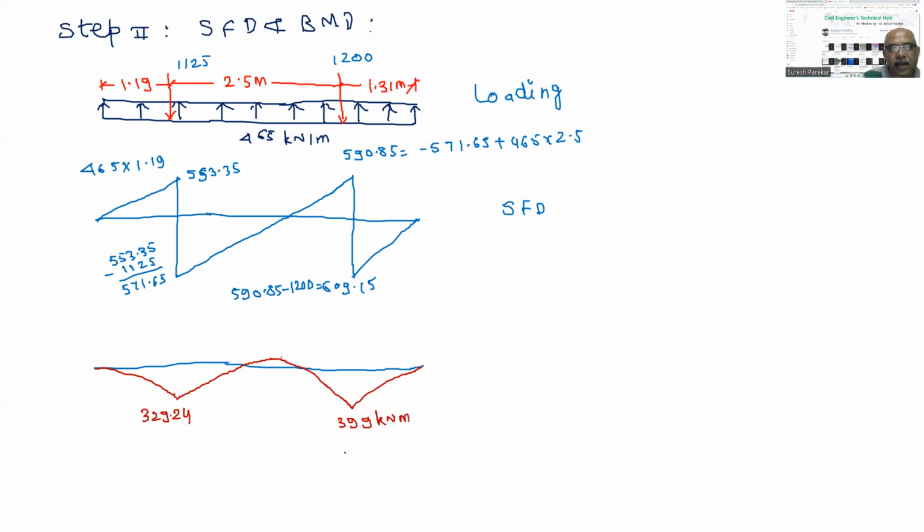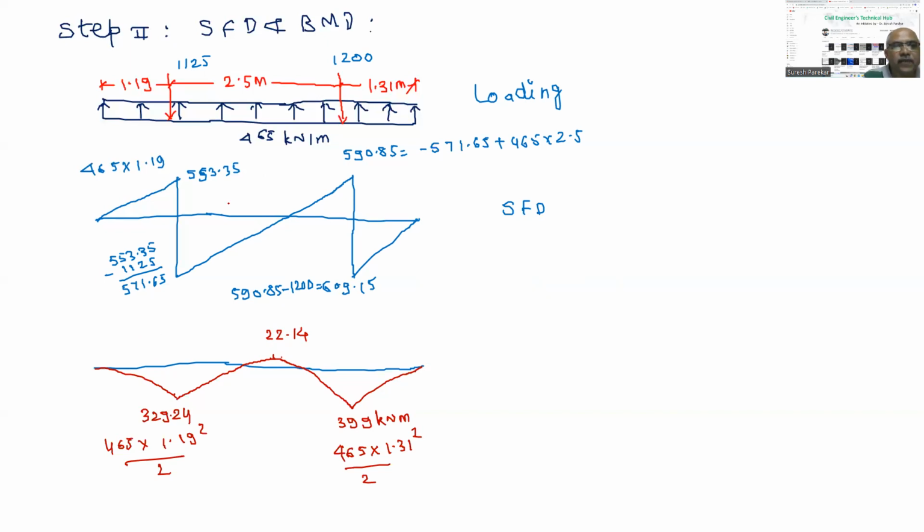This value we have 465 into 1.31 square by 2, and this value we have 465 into 1.19 square by 2, and this comes 22.14 from left, and this value we have calculated, that is 0 shear force.